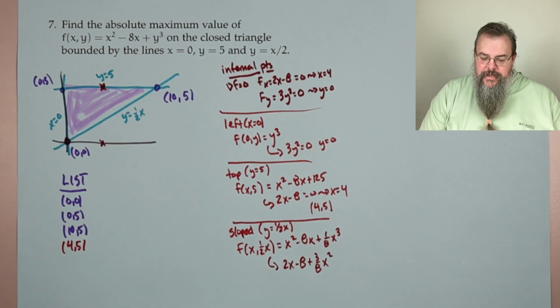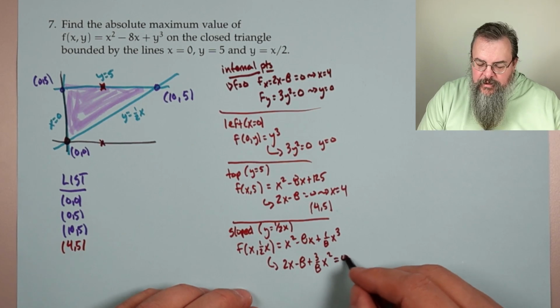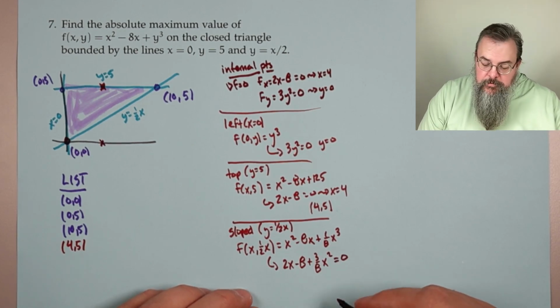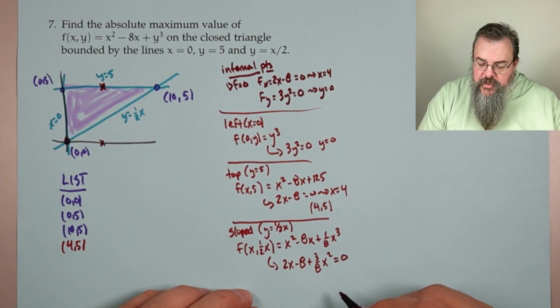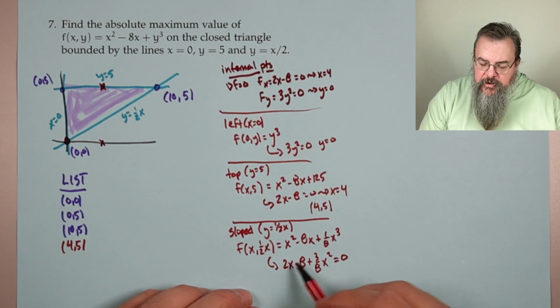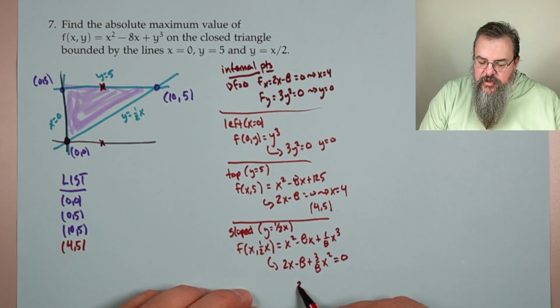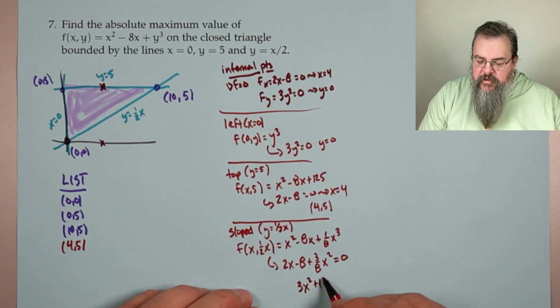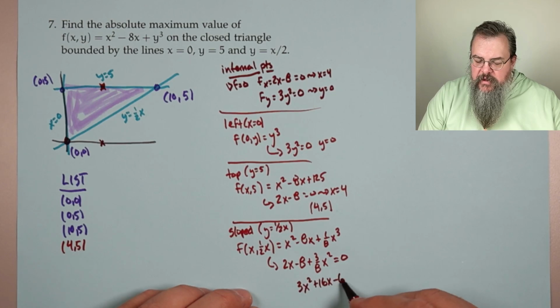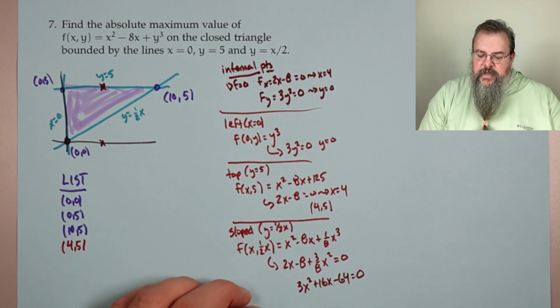Ugh. Okay. And, well, if you set that equal to 0, then we're going to end up with some numbers here. Let's multiply through by 8 and rearrange. So this is really 3x squared plus 16x minus 64 equals 0.